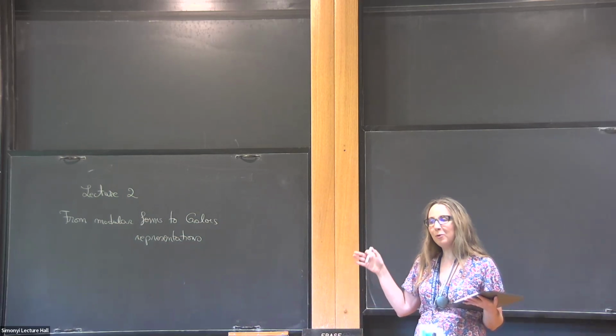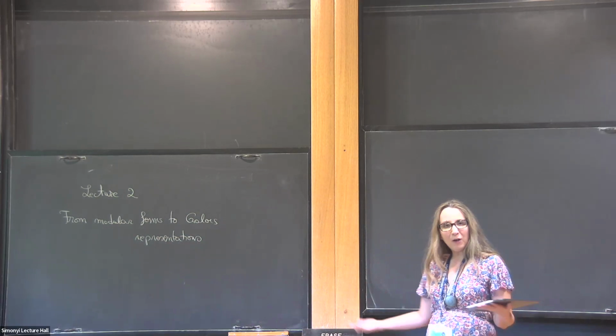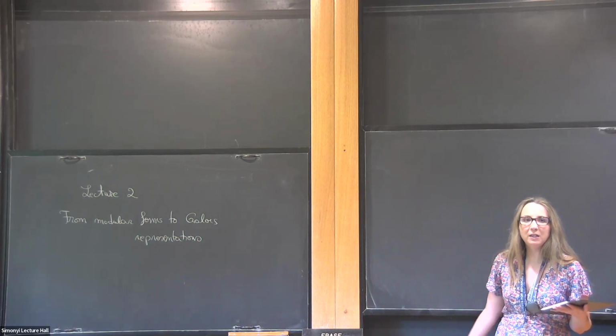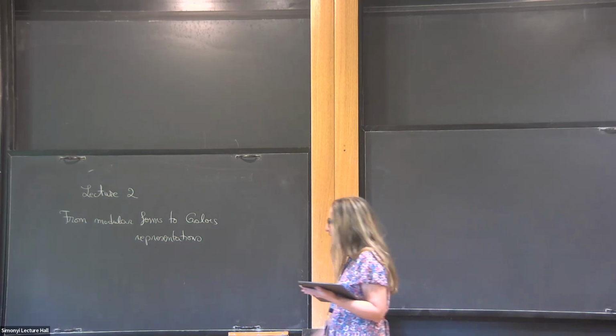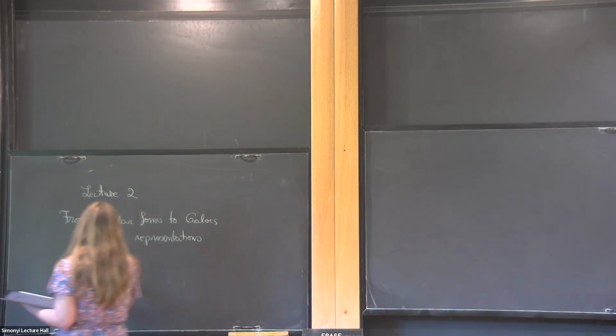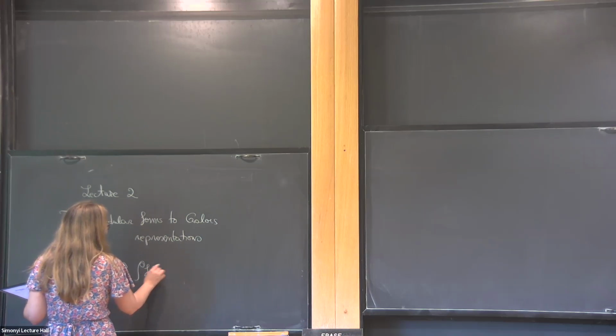You start out with a modular form F, a holomorphic function on the upper half plane with lots of symmetries, and you associate to it this number theoretic object, the Galois representation, a two-dimensional representation of the absolute Galois group. We had F going to rho F.